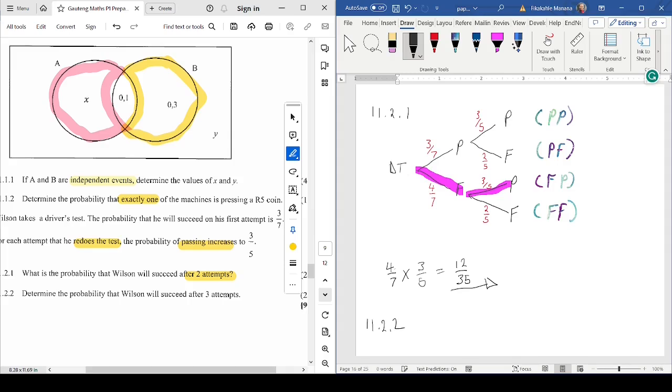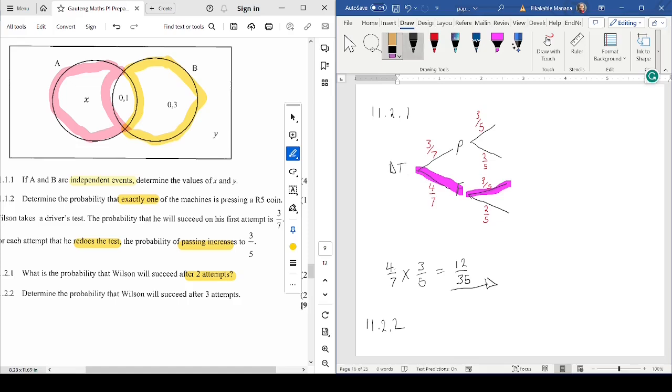11.2.2 says determine the probability that he will succeed after 3 attempts. That means now we need a third level on our tree diagram. So I'm just going to have to rub all of this out, because that's not the path that we need.